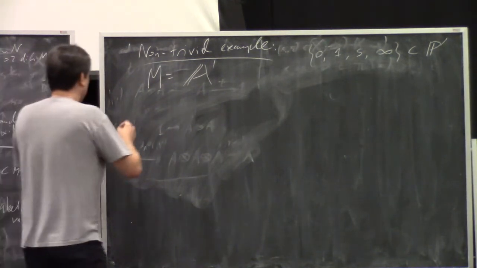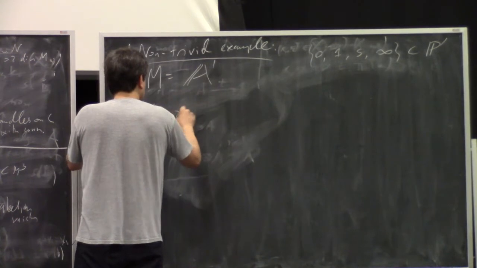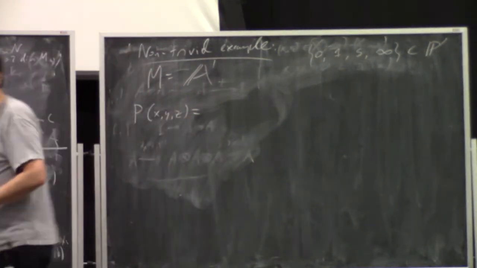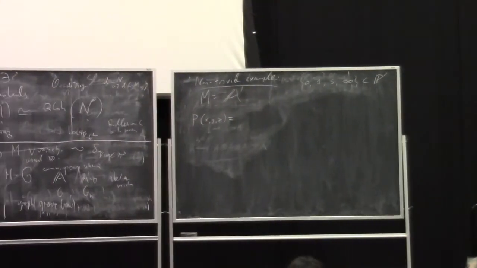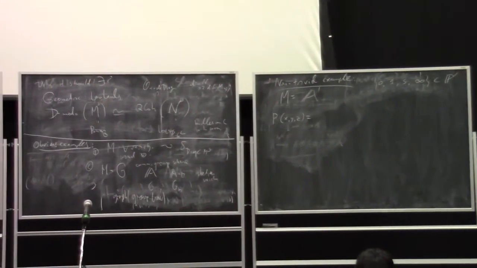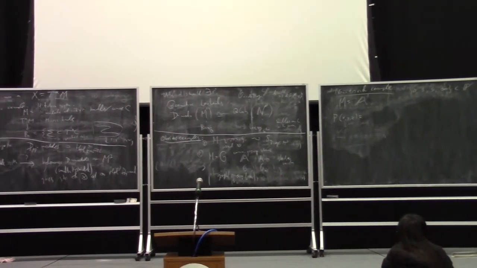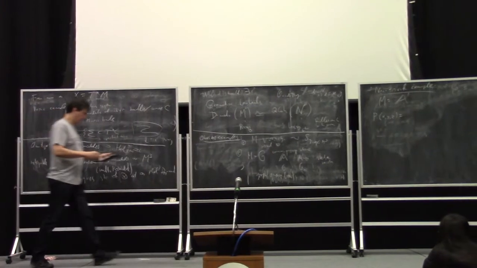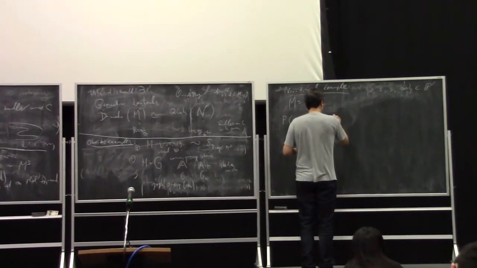And then one should introduce a certain polynomial of 3 variables, which is really tricky. Now there are ways to write it.